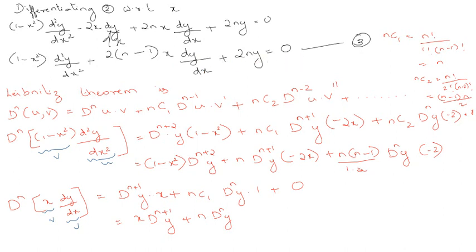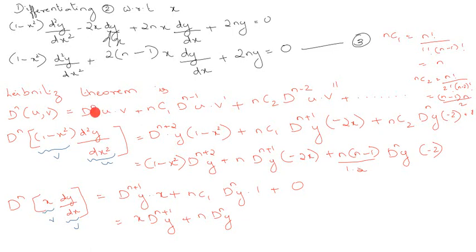Now we need Leibniz theorem to complete the proof of Rodrigues' formula. Leibniz theorem is d^n of uv is equal to d^n of u, that is differentiating u n times.